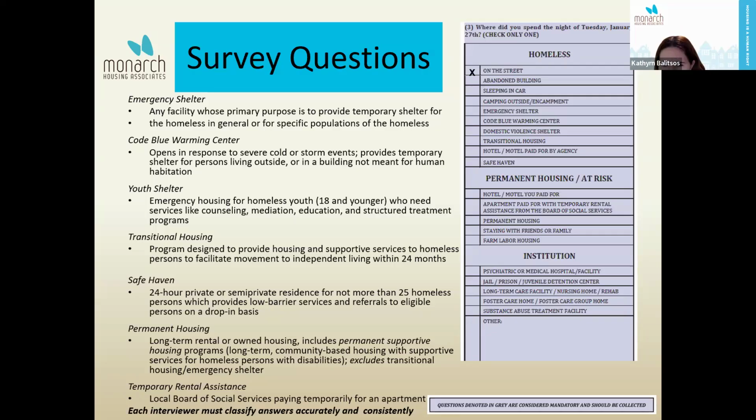And then Code Blue, I know last year there was the question of whether they were in a chair versus a cot. I believe the definition remains the same as last year.